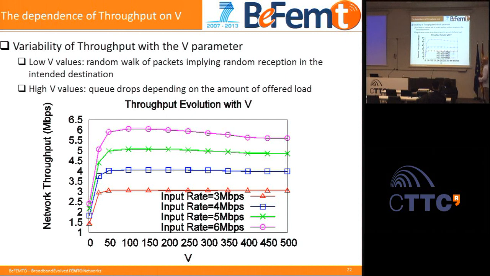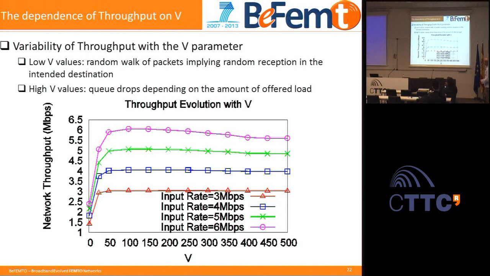And as we can see here, for low V parameters, as we are not giving too much emphasis on the penalty function, we are not getting closer to the destination, and you have kind of random routing merely based on minimizing the queue state on the home nodeBs. So this is not a good choice.